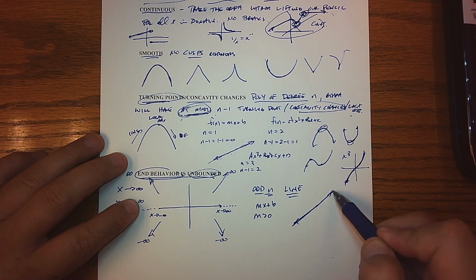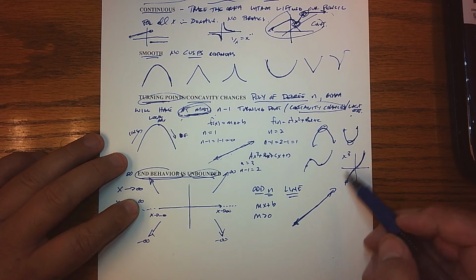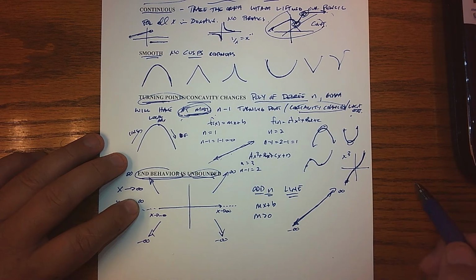It's going to basically be going up forever and ever. So in terms of the unbounded behavior, it's going to infinity in this direction, but negative infinity in that direction. Of course, if m is less than 0, that means my function is on its way down, which means the function is going to be unbounded to positive infinity in that direction, but negative infinity in that.